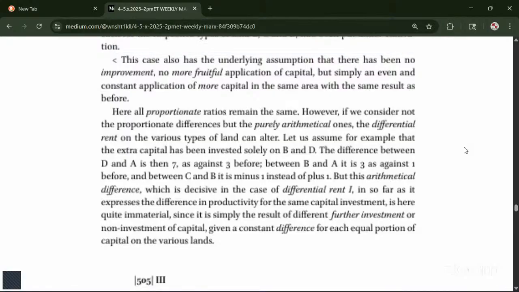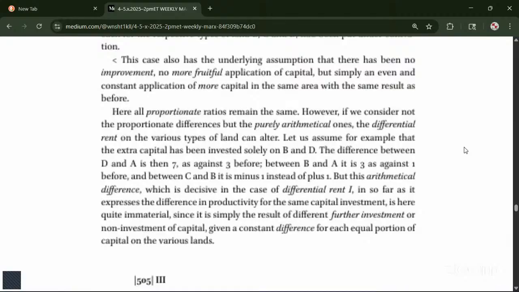Let us assume, for example, that the extra capital has been invested solely on B and D. Remember, there's A, B, C, and D. The difference between D and A is then 7s against 3 before. Between B and A is 3s against 1 before. And between C and B, it is -1 instead of +1.